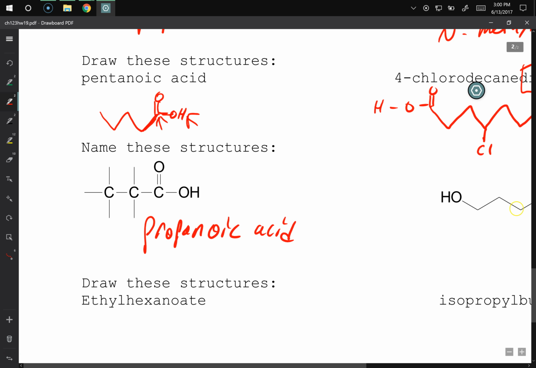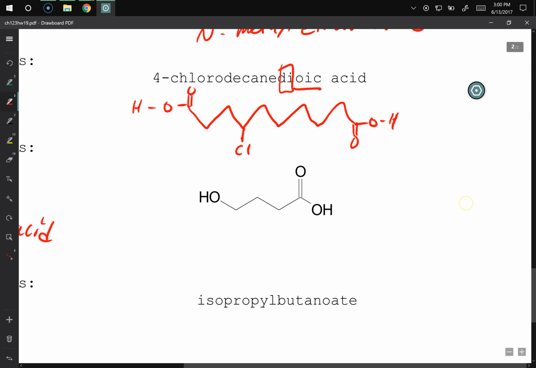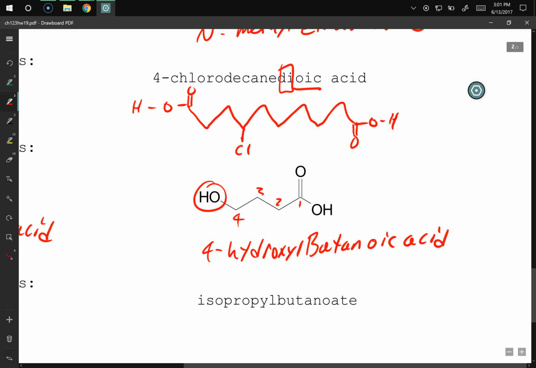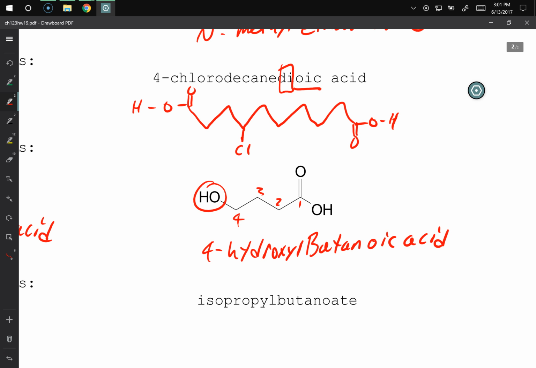Good with that? So this one might have been a little confusing because do I name it for the alcohol or do I name it for the acid?